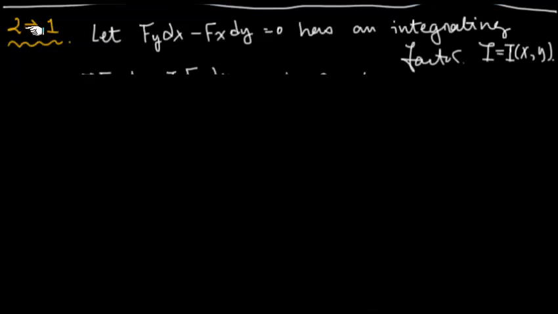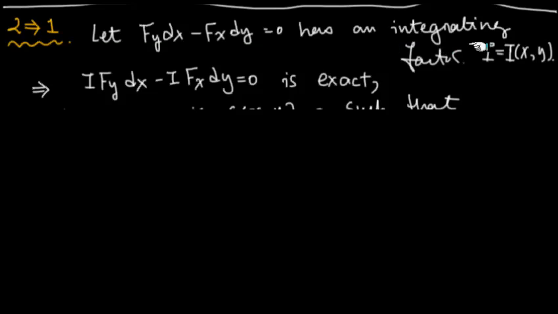Now this will be a converse. We start with this fy dx minus fx dy equation that has an integrating factor I, and we show that there exists a curve that is perpendicular to all the families of curves f equals k, which is defined by this f of x, y. Since it has an integrating factor, you multiply by that integrating factor I, and then this becomes exact.